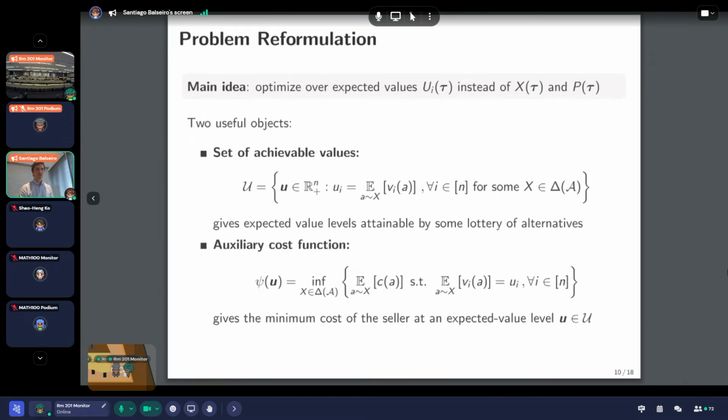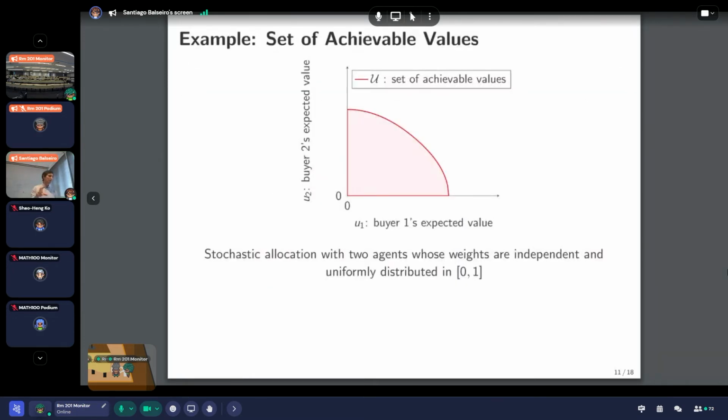Now, before we do so, let me give you an example of this set of achievable values. This is an example with two buyers. Going back to this bipartite graph, suppose that you have two agents, and these weights are IID uniform on [0,1]. Then this set would look like this. This red set captures the set of achievable values.